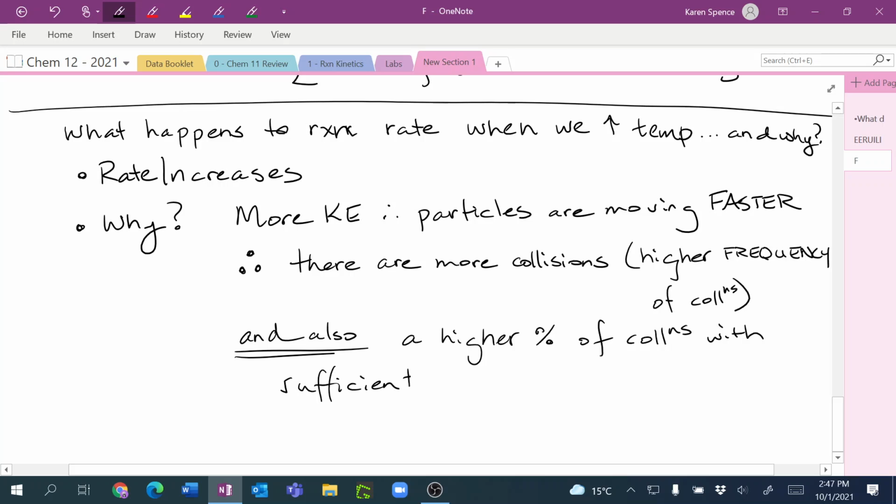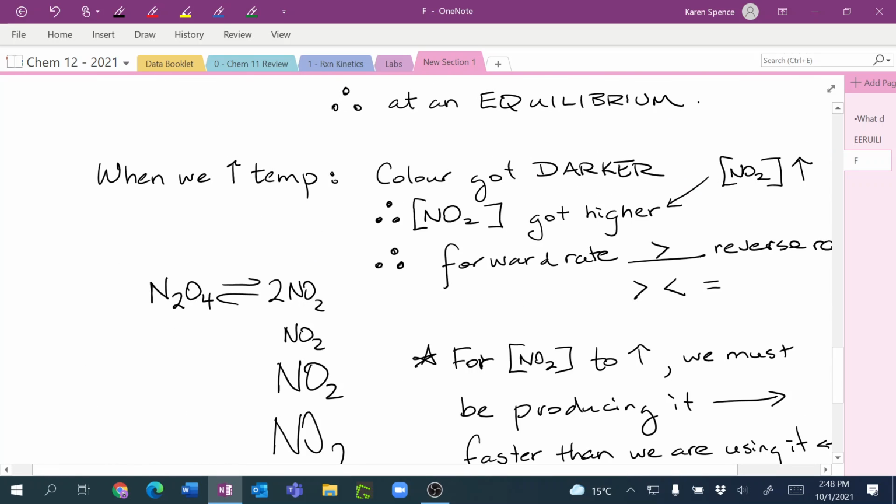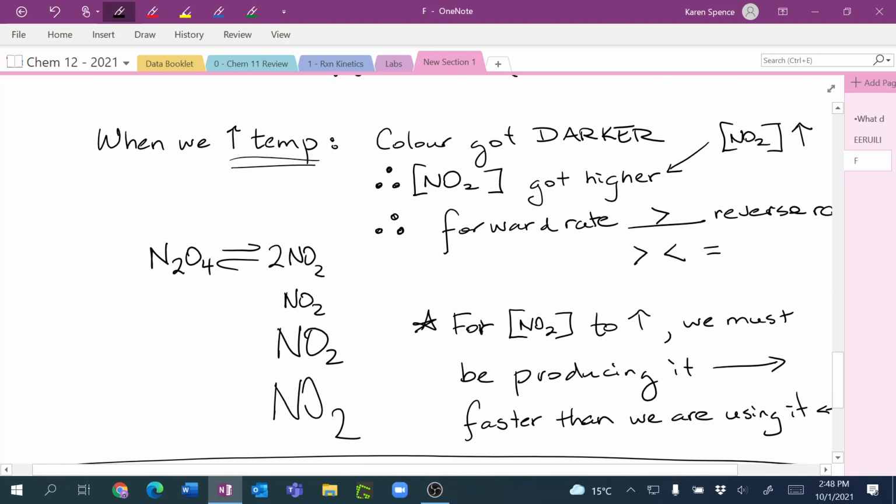Sufficient energy to be successful. Okay. So, remember what we just said a moment ago. We just said that when we increased the temperature, the color got darker, and that meant that the forward rate had to be bigger than the reverse rate.